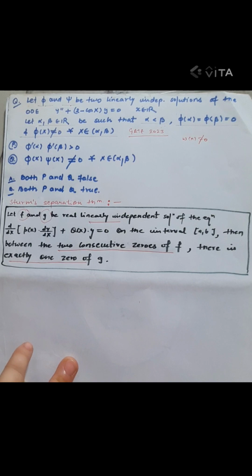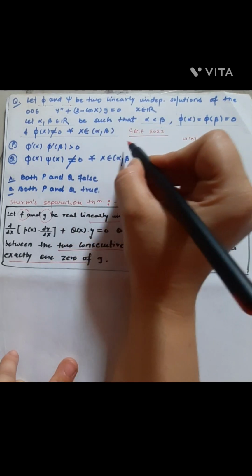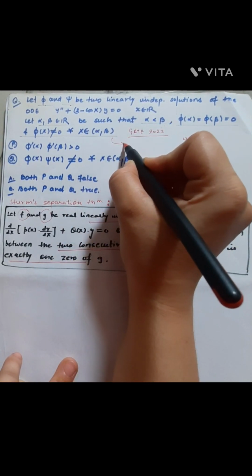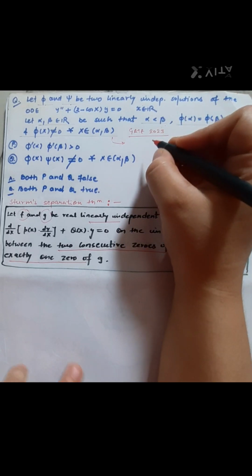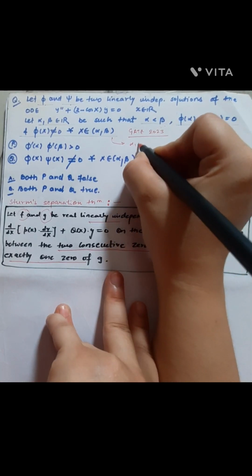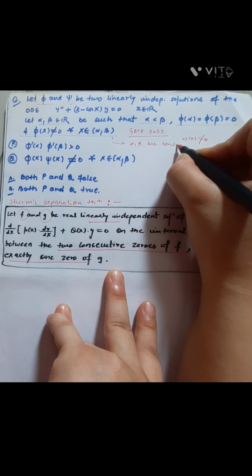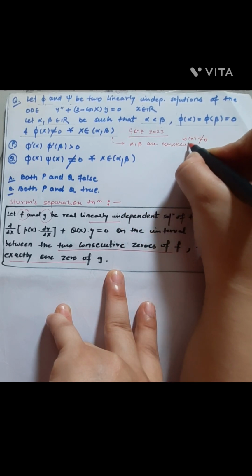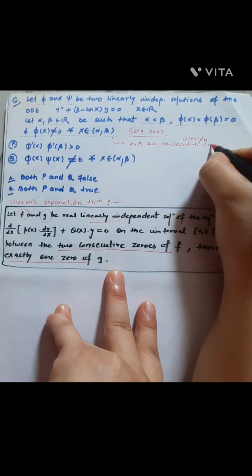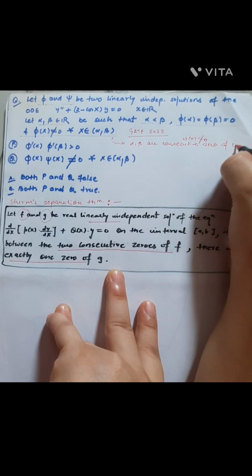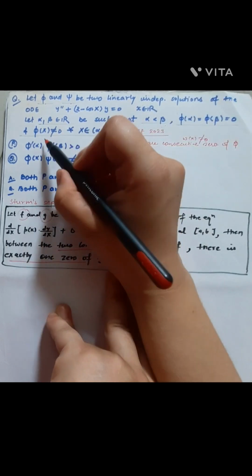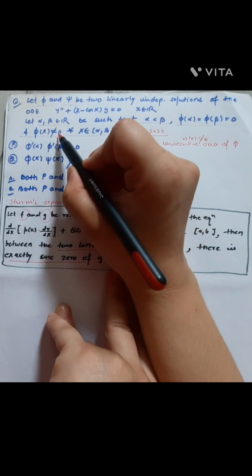So what does it mean? It means that alpha and beta are consecutive zeros of phi, because in this interval phi is non-zero.